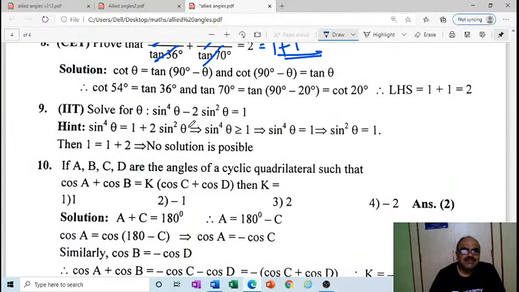Next one. Sine power 4 theta minus 2 sine square theta equals 1. Question may look very complicated, right? You need to solve for theta. Send this to the right.